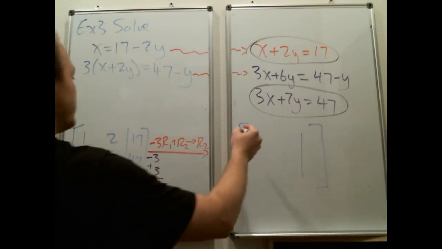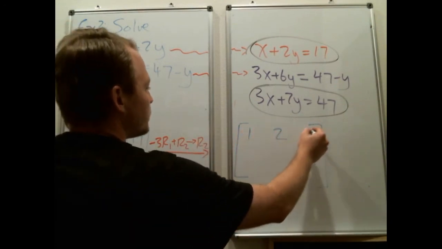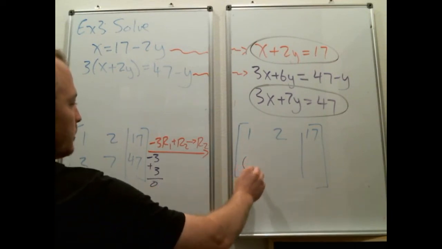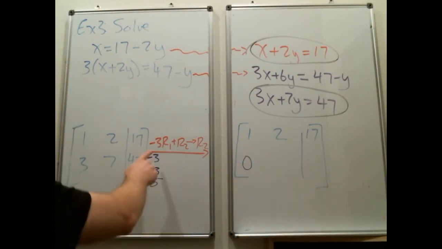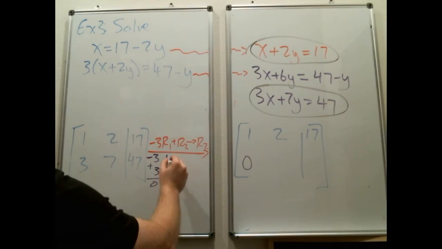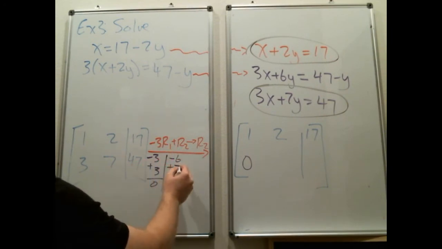Alright, so what's not changing is row 1. And I just found my first entry to be 0. Alright, negative 3 times row 1, negative 3 times 2 is negative 6. Add down to row 2, which is 7.